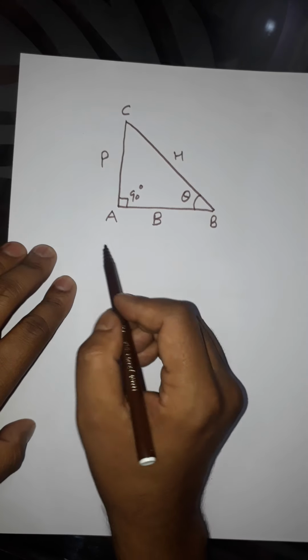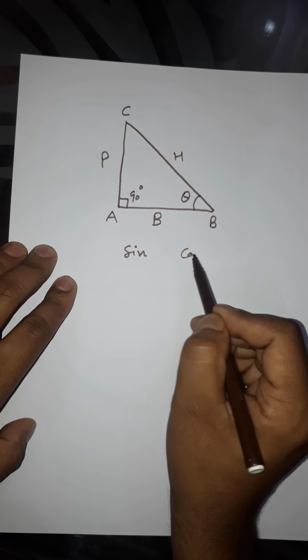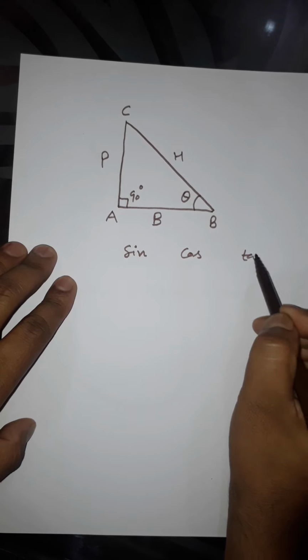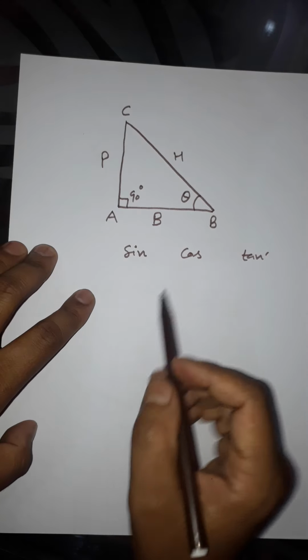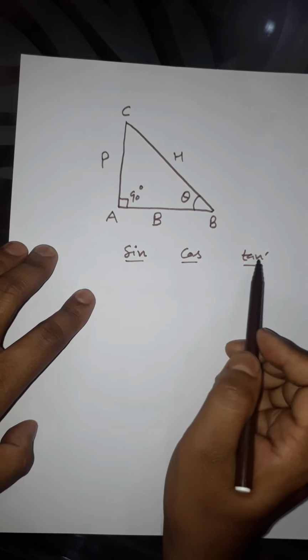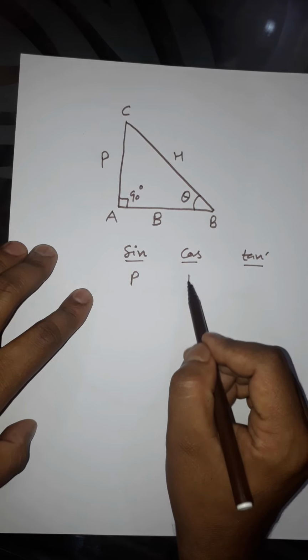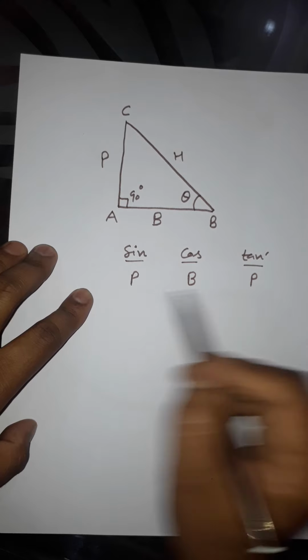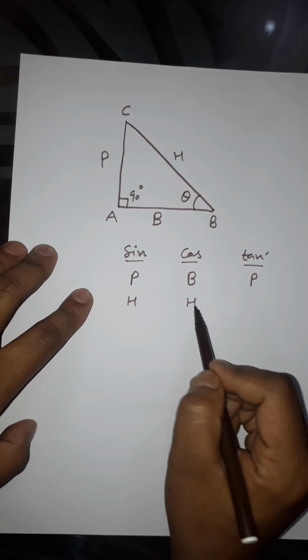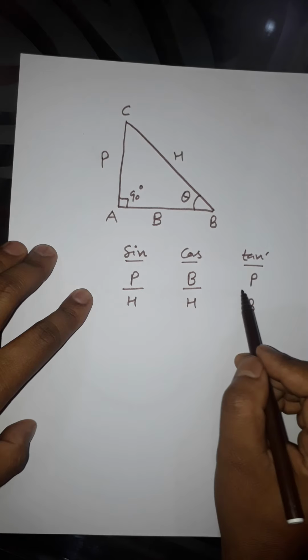So the trigonometric ratios are sine, cos and tan. Right? These are three trigonometric ratios. You have to remember this step.